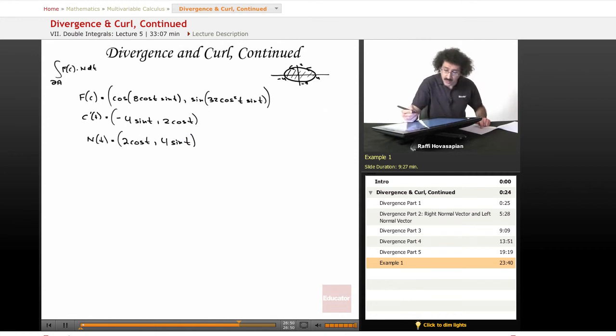So now let's go to blue. I have my f of c, that's this one, and I have my n of t, that's this one. Now I take the dot product of those two.